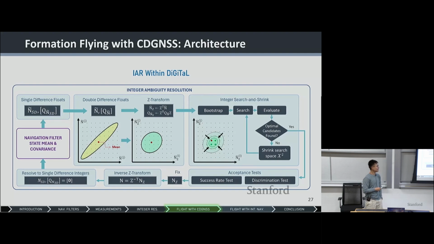The key impediment was that at the start, when you have 12 to 16 GPS satellites in view, you have a very large state vector of single difference ambiguities. You are looking at a 10-dimensional ellipsoid as a search space.